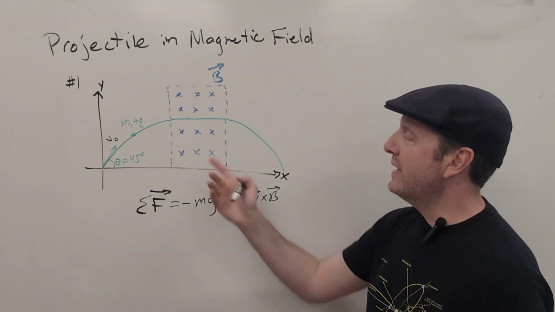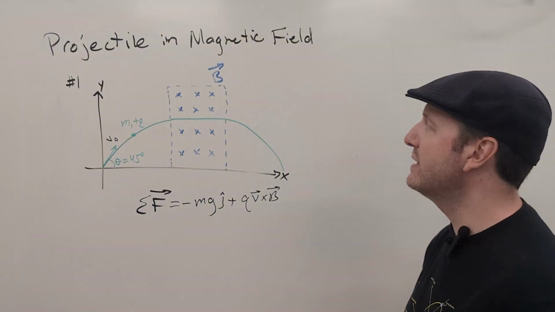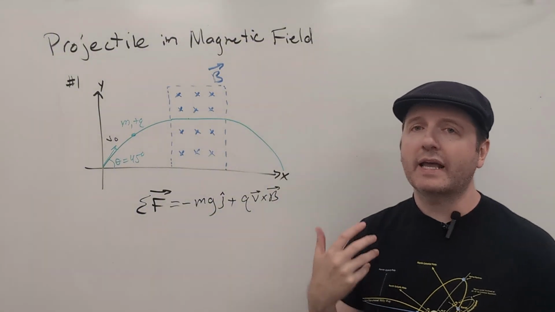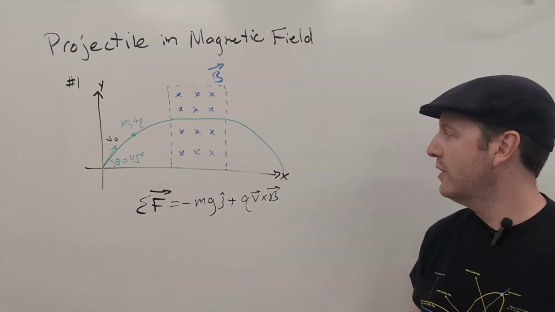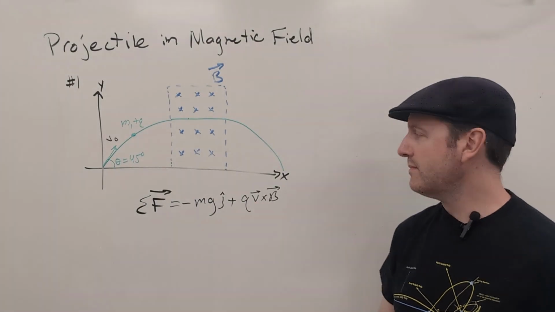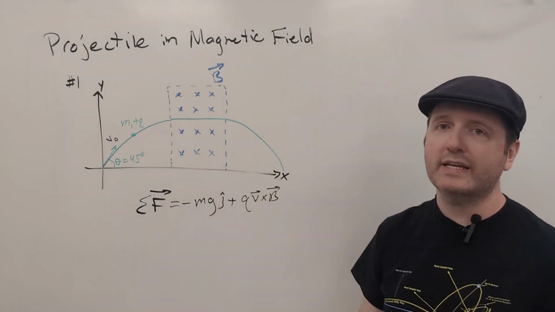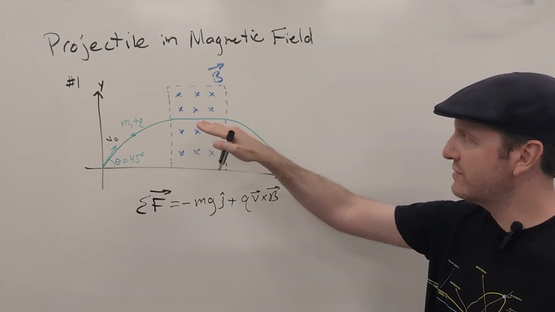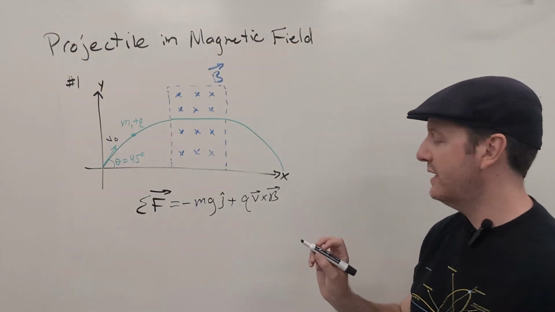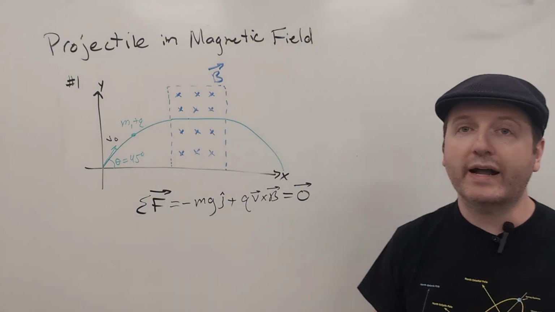And because there are no horizontal forces, we'll see why that is in a sec, these magnetic fields cannot change the speed of the particle. Not only is the direction constant, but its magnitude is also. So that means that the acceleration of this object in the magnetic field, at least for this very particularly chosen path, is zero. The net force has to equal zero. I'll write that as the zero vector.